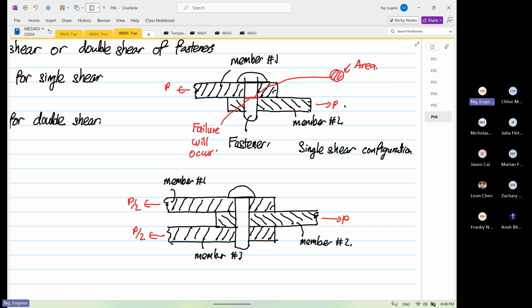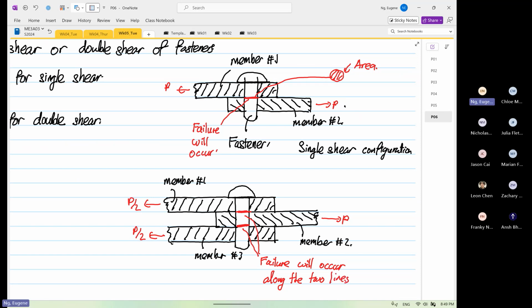Okay. Now failure will occur in 2 regions. So this is the failure region, the red. So this is our failure region. Or failure will occur along the 2 lines.